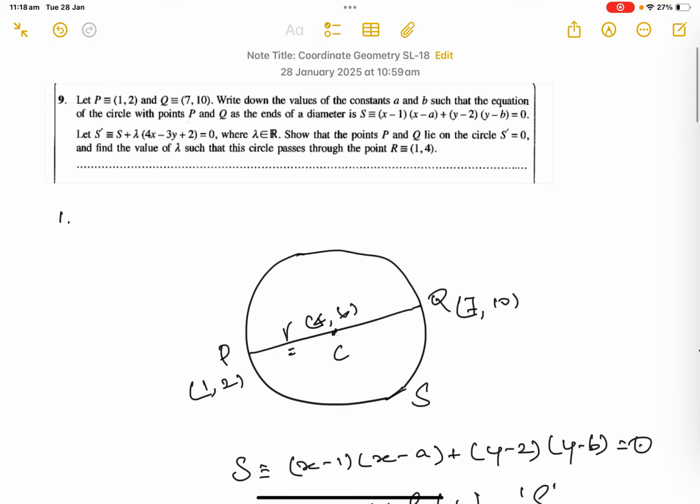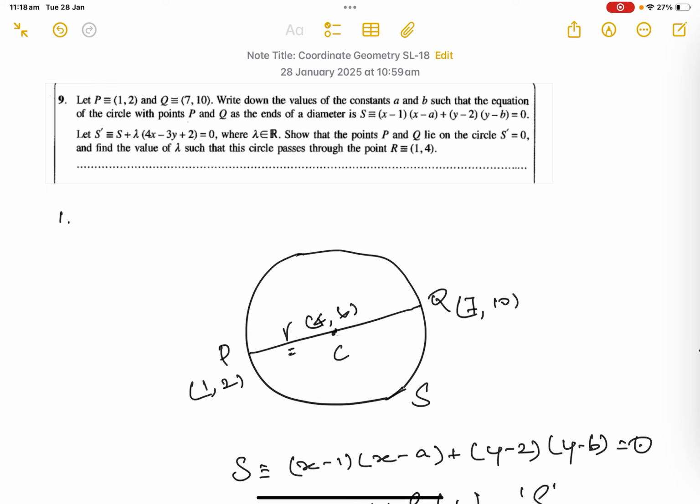Let's read the second part. Let S dash... the wording may be a bit ambiguous. S dash is not the differentiation of S. S dash is another circle. S dash is S plus lambda times (4x minus 3y plus 2), where lambda is an element of the real numbers.